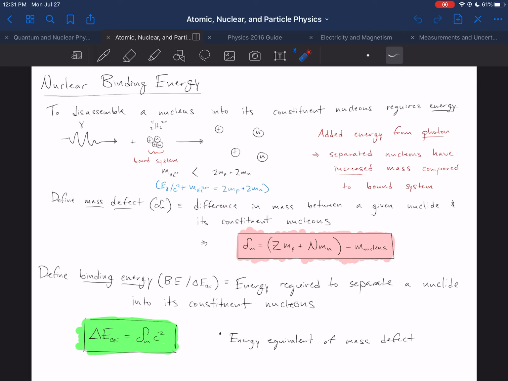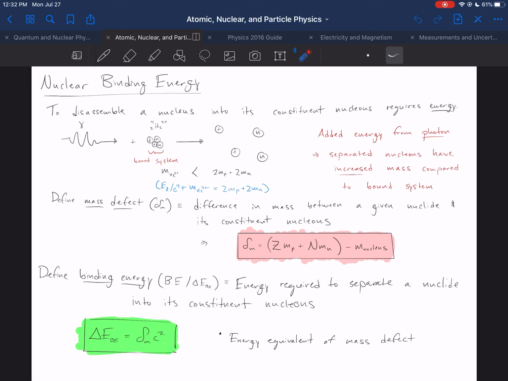Well, if your instinct is that it takes more energy, you're absolutely right. It takes a lot more energy to separate completely the constituent nucleons of a nuclide of iron or anything with more nucleons.